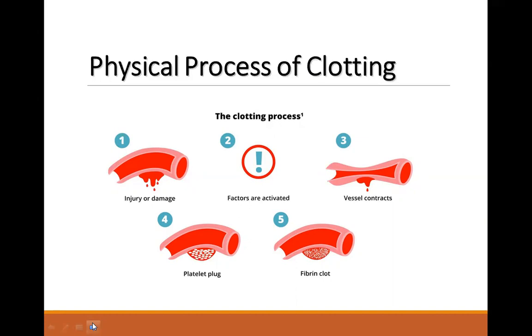Then the blood vessel will be contracted, a platelet plug will be formed, and then fibrin fibers will be deposited on the platelet, producing a fibrin clot. This process will be explained further in the next slide.